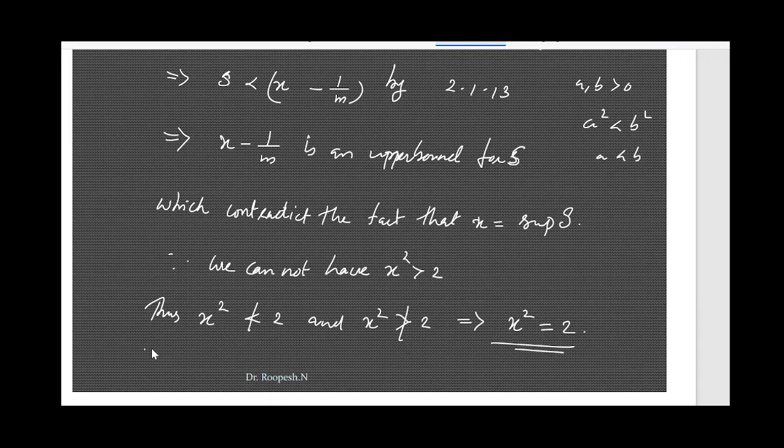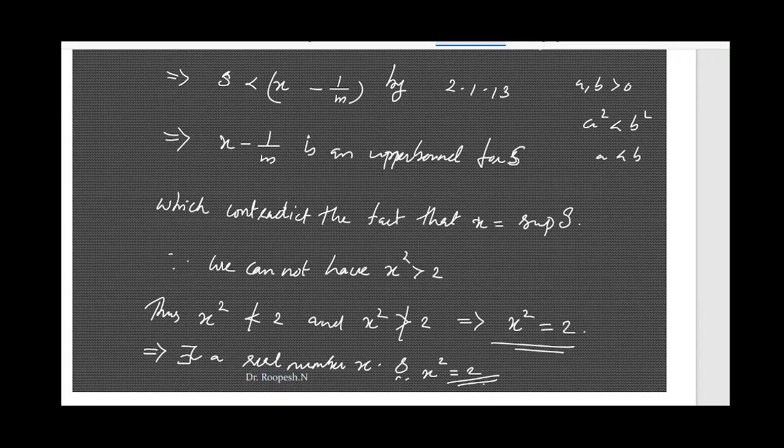Or this implies there exists a real number x such that x square equal to 2. So we have proved the existence of the real number root 2.